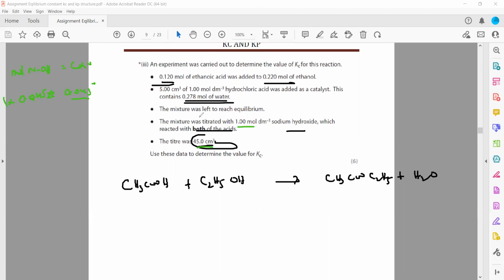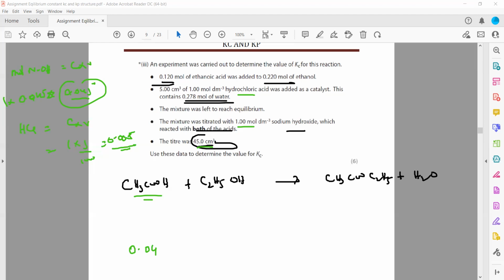The total moles of sodium hydroxide is reacting with hydrochloric acid and ethanoic acid. So how many moles of HCl? That is again concentration times volume, so 1 times 5 divided by 1000, which is 0.005 moles. So how many moles of ethanoic acid remain at equilibrium? It will be 0.04 moles, because we subtract from the total.